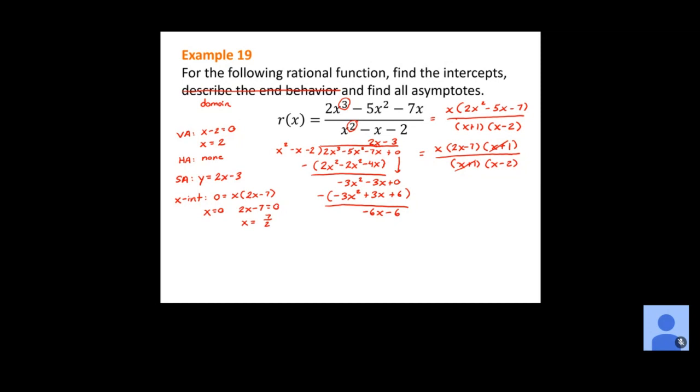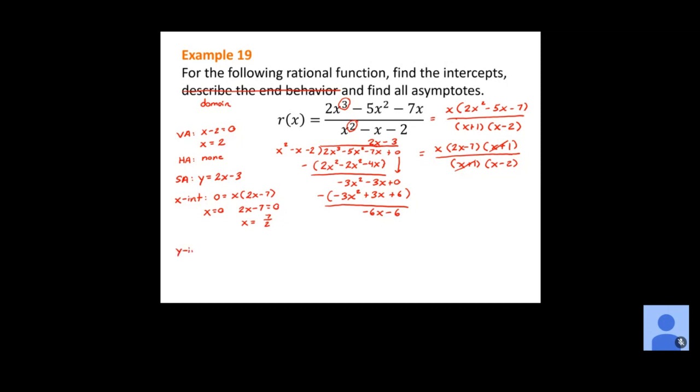So the denominator, remember, can't be equal to 0 because that would make it undefined, and that's why we completely ignore the denominator when we're finding those x-intercepts. The denominator is only going to help you to find asymptotes, but it's never going to help you find your intercepts.